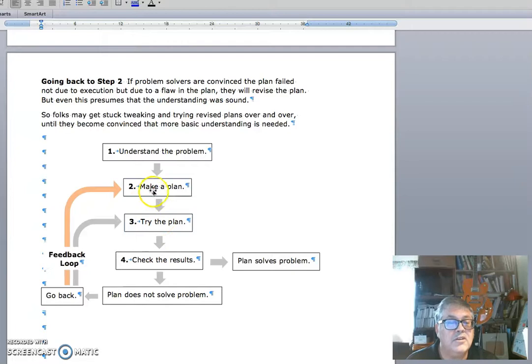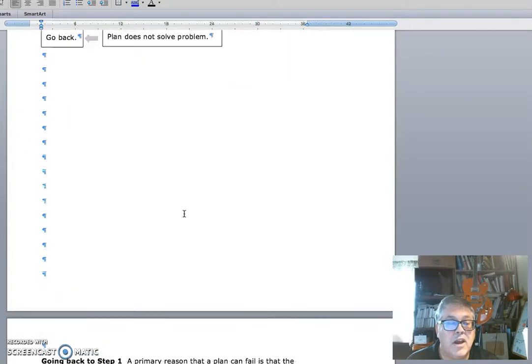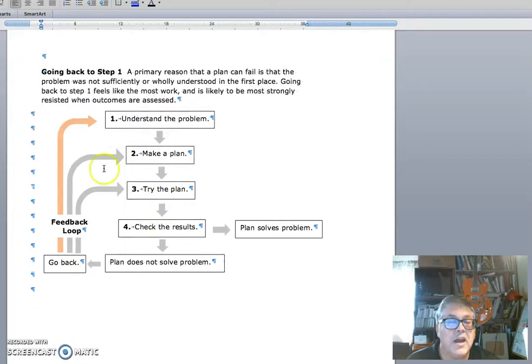Only with frustration might you finally decide, maybe we're missing something important, maybe we've got to go all the way back to step 1 and understand the problem. So a primary reason that a plan can fail is that it wasn't sufficiently or wholly understood in the first place. Going back to step 1 feels like the most work and is the thing that we're least likely to want to do.